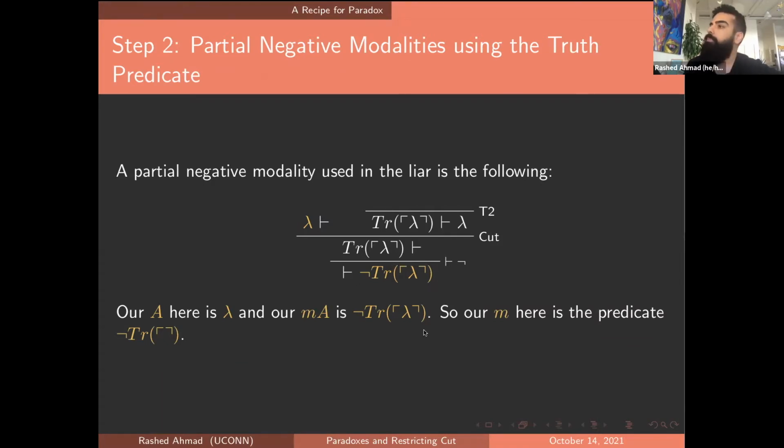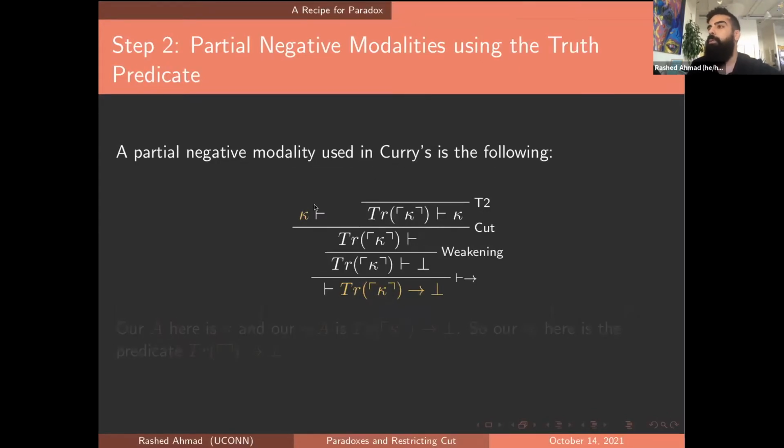Similarly, for Curry, we start with our favorite letter, kappa. We use T2 and cut. Again, cut is not necessary. But what is important here is weakening. That suggests that we can put anything here, regardless of whether it is a false sentence or a true sentence. It is still going to be a partial negative modality.